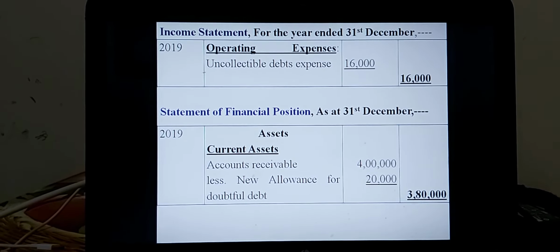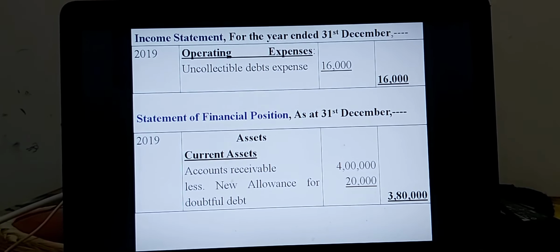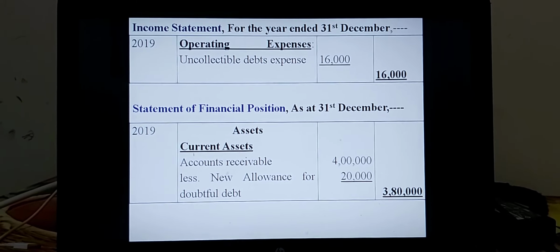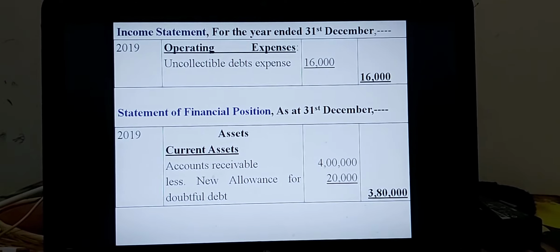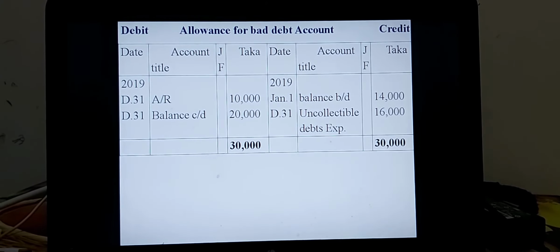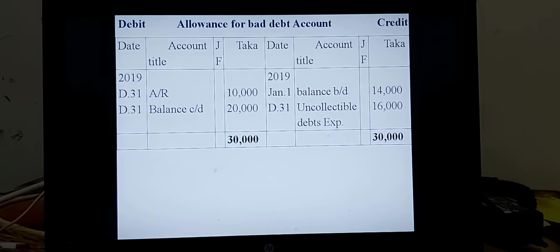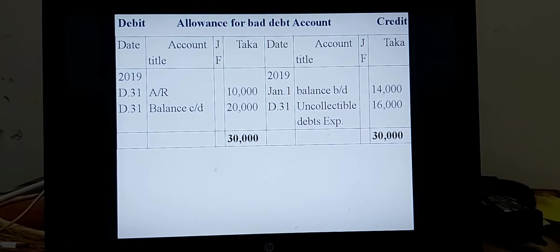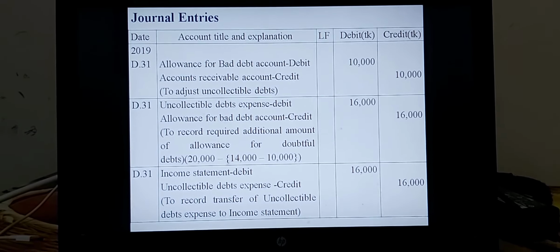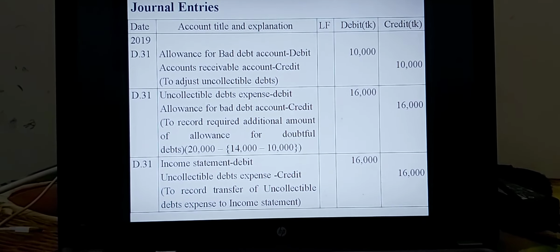Dear learners, I have already completed the creative question. For matching your solution, you can watch in the slide. From journal entries: allowance for bad debt account debit, accounts receivable account credit for 10,000.